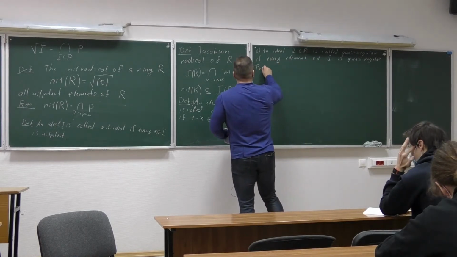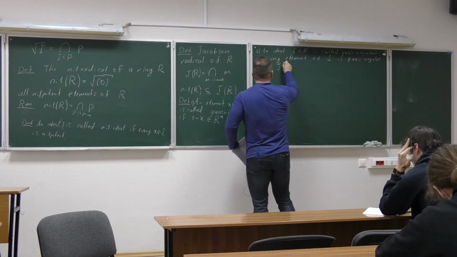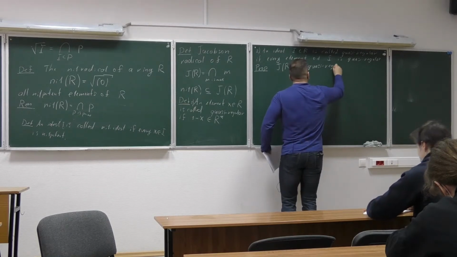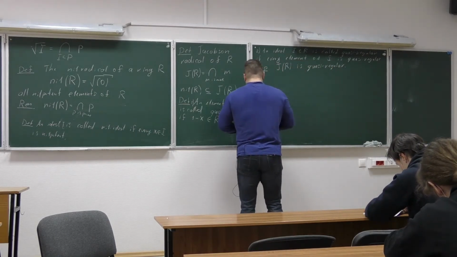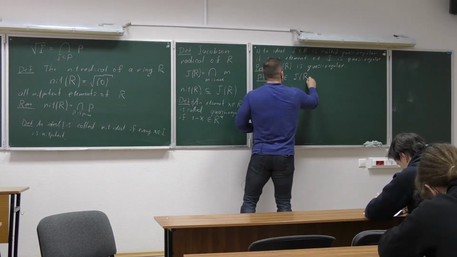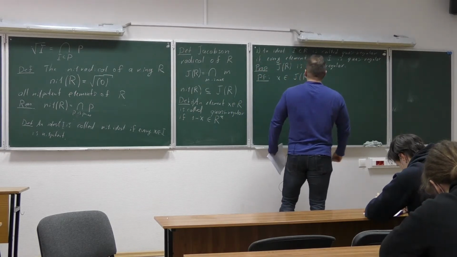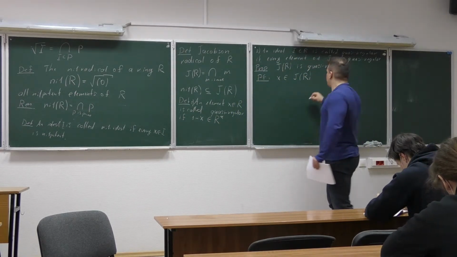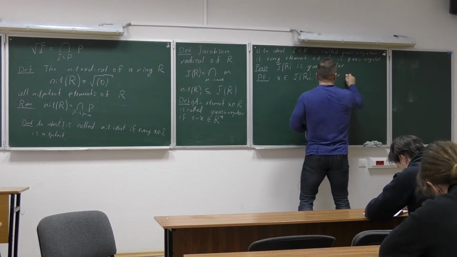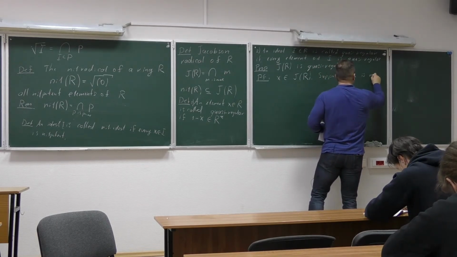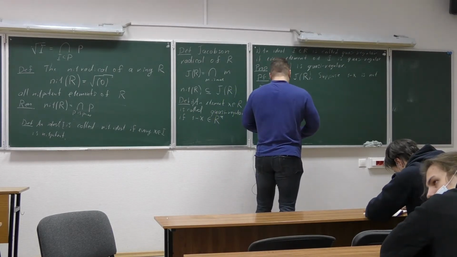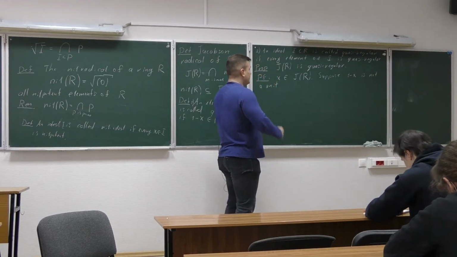Okay, so the first proposition is that the Jacobson radical is quasi-regular. What I need to show is that for any element x in the Jacobson radical, 1 minus x is invertible. Now suppose 1 minus x is not a unit, so not invertible. We know that any non-invertible element is contained in some maximal ideal.